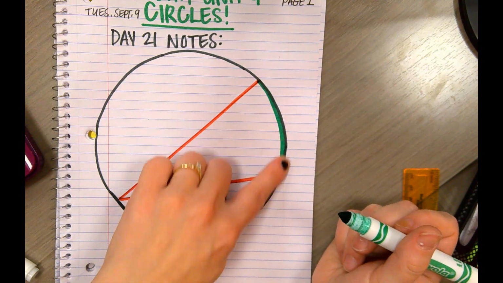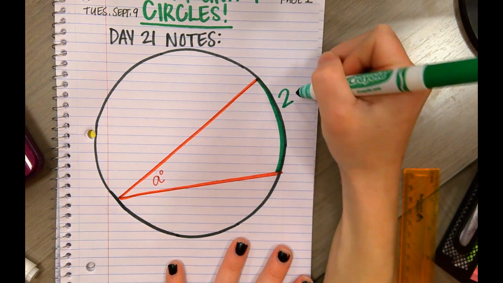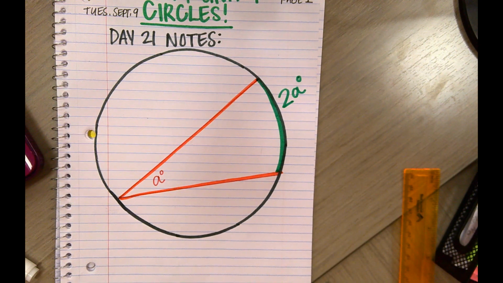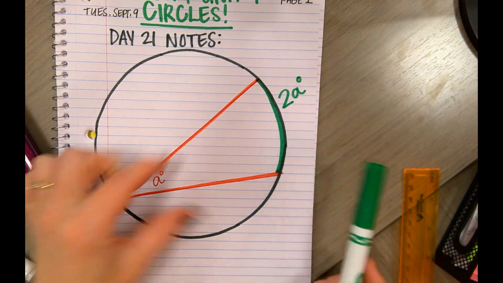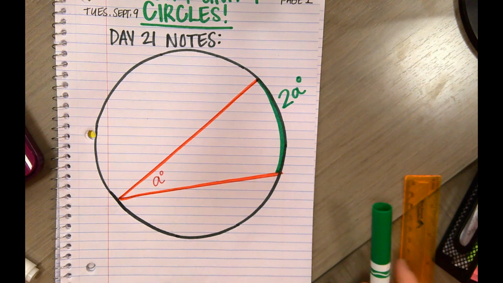But this length is 2A degrees. And it's okay if it's short because the smaller your A angle is, the smaller that length is going to be. So it'll be proportionate no matter what.